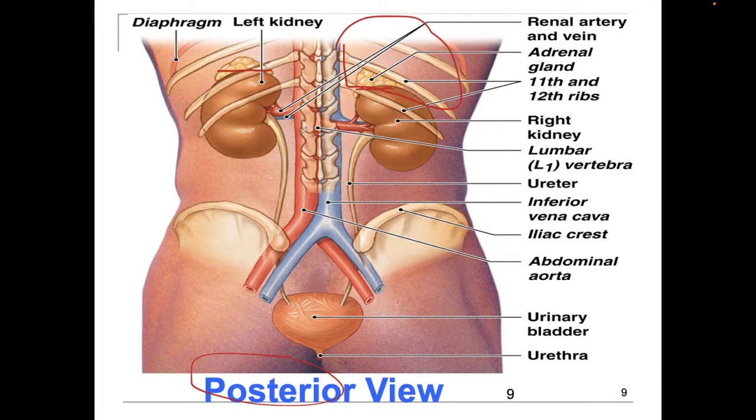We see the abdominal aorta in red and the inferior vena cava in blue. We see the urinary bladder down below and the urethra. One E in urethra, and ureter has two E's, and we have two ureters.